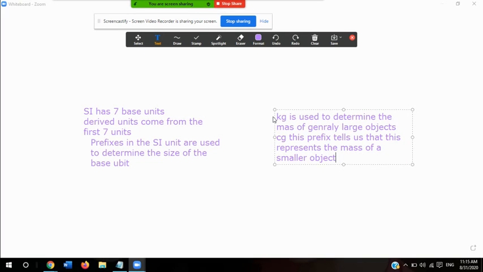Okay, so that's one way. That's pretty much what it's saying. We're going to talk about mass in just a minute, but it's just to establish the difference. And we're going to talk about mass real quick.